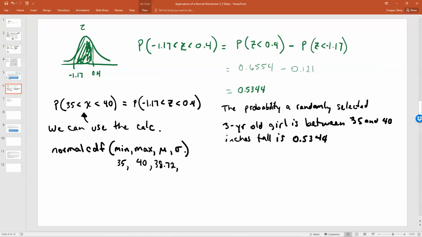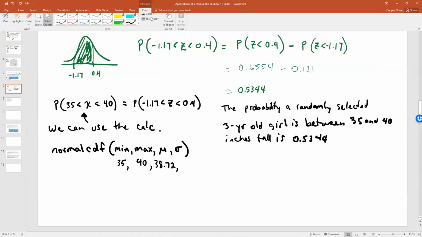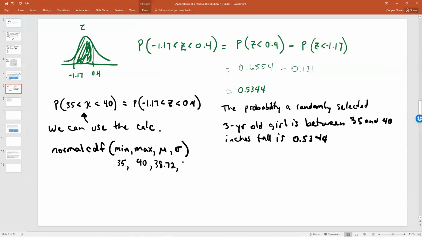And sigma was, shoot, should have looked at that, 3.17. Okay, so if we did this right, we should get the same result.